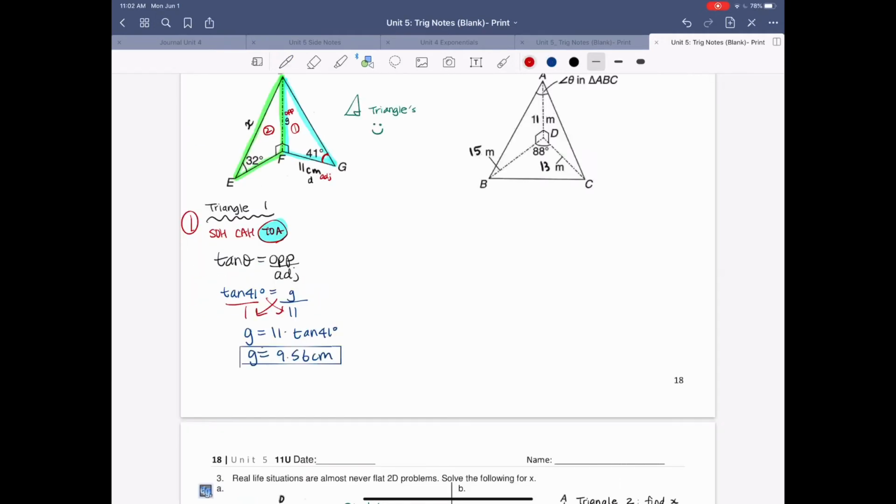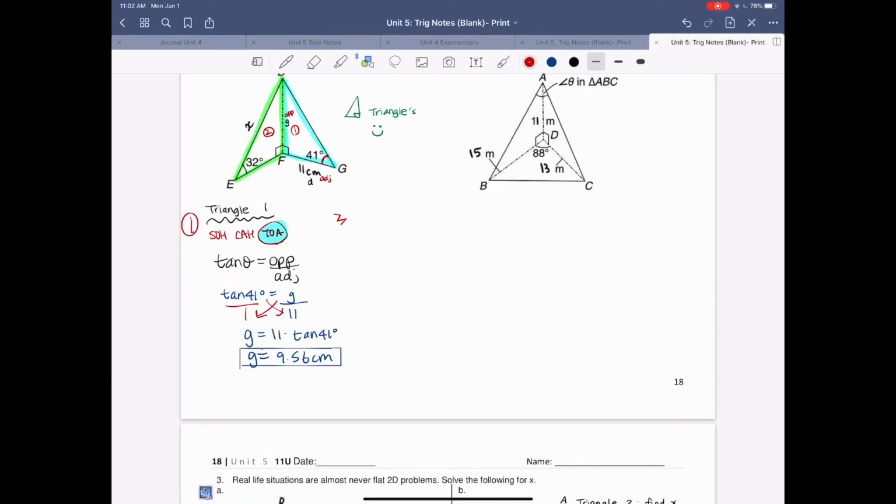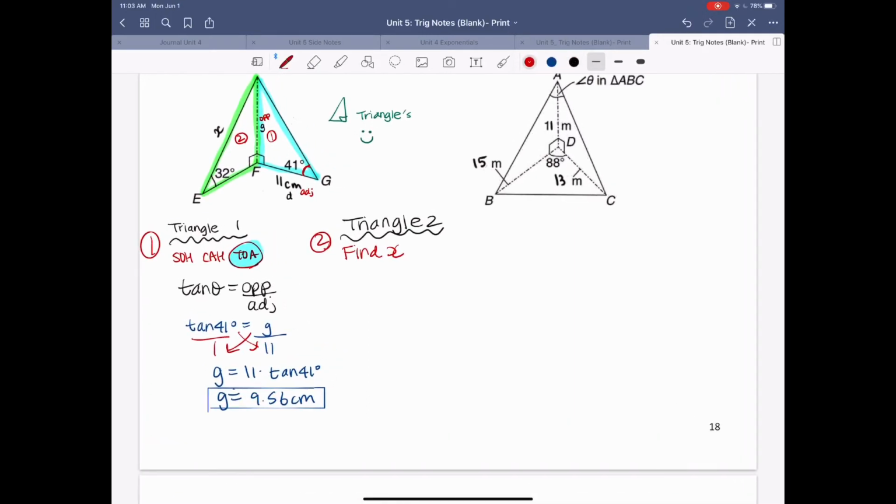So after that, let's go to step 2. Now that I have the information from triangle 1, I can move on to my triangle 2, and I can find x. When I go and find x, I need to evaluate what I need in terms of SOHCAHTOA.